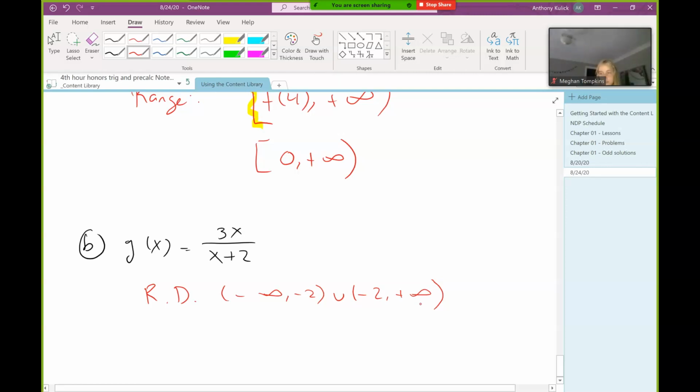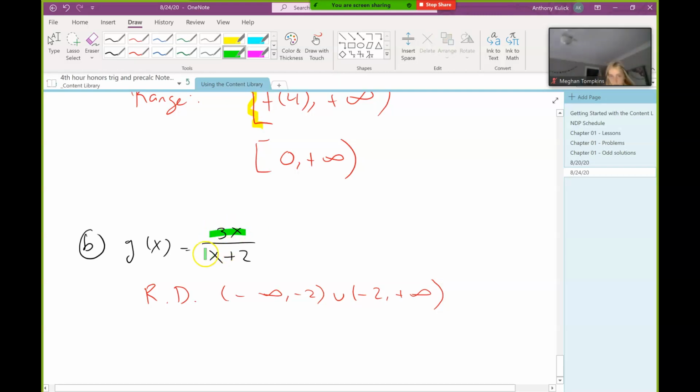So there are a couple of rules, though, that helped me. Number one, I should be able to tell if I have some kind of horizontal end behavior going on just by looking at this function. Since I have nothing added or subtracted from the end of it, I know the horizontal end behavior I can predict by looking at the degree of the polynomial in the numerator and denominator.